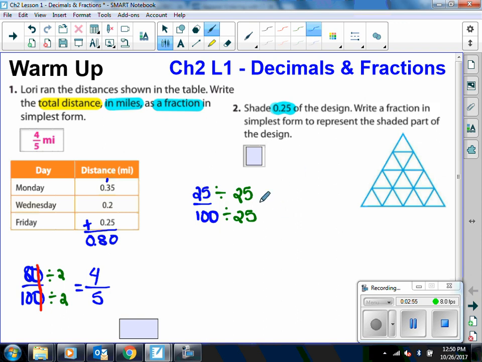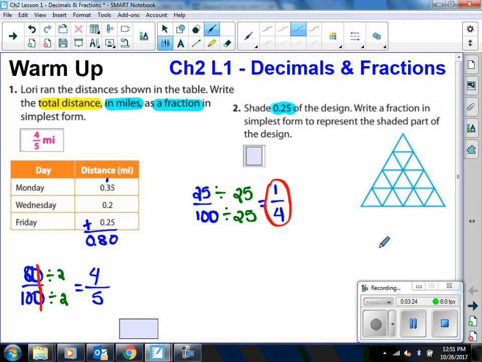Now, we want to figure out what's 1/4 of this picture, right? So the first thing we need to figure out here is how many triangles do we have in that big triangle? We have 16. Is everybody with me? So we want to know what is 1/4 of the 16. So here, to make the denominator to the whole big triangle, 16, what are we going to multiply by?